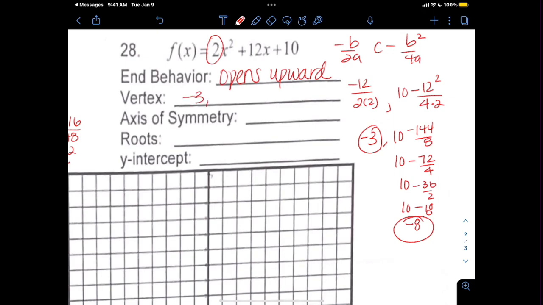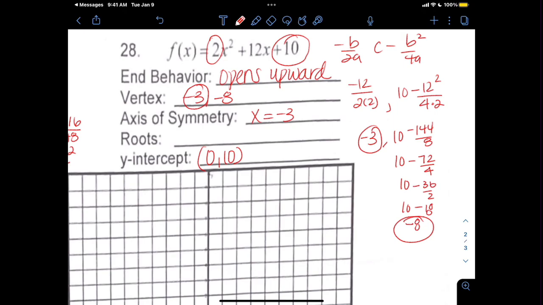So my vertex is located at negative 3, negative 8. My axis of symmetry, I'm going to take this x equals negative 3. Now my y-intercept is going to be whatever the number is by itself. And of course, my roots are going to be my x values that I'm going to solve for.